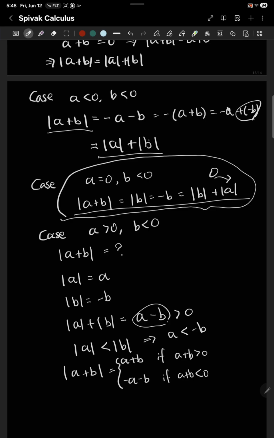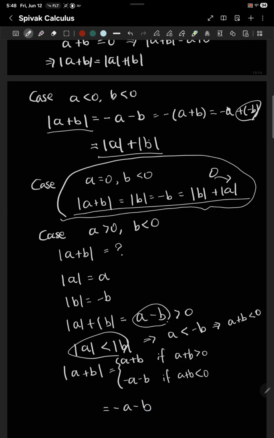Okay, so granted that, that means that a plus b is in fact less than 0, right? So for this current state, where we are assuming that the absolute value of a is less than the absolute value of b, this value has to be minus a minus b.